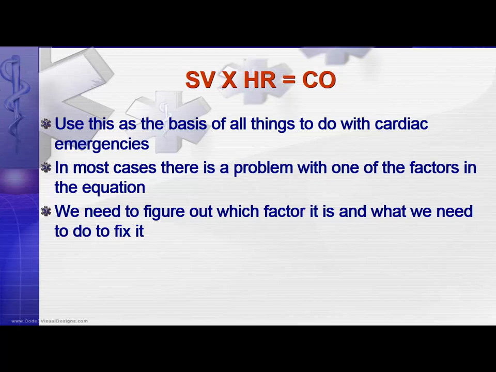And so of course we know there's several variables that affect that, right? Too fast, too slow, or is the heart moving at all? And if there is something that is affecting the equation in that aspect, then we need to figure out what it is and what we need to do to fix it.